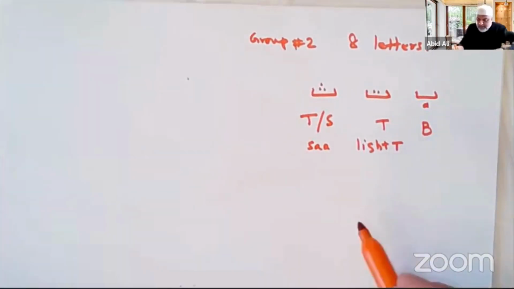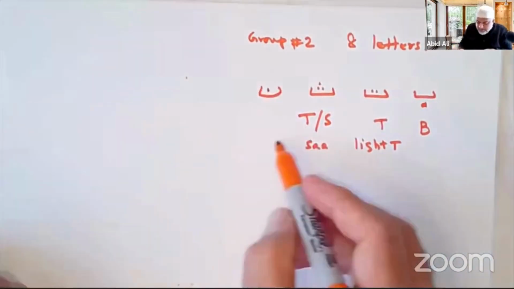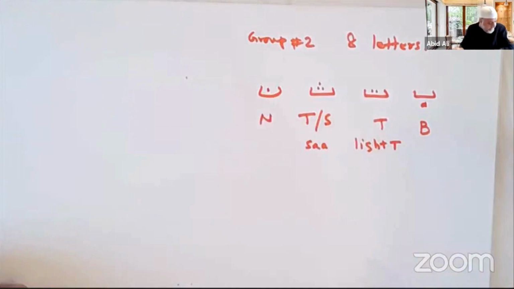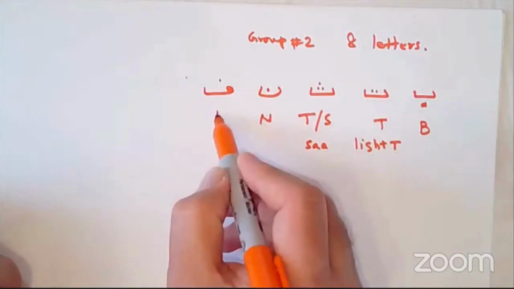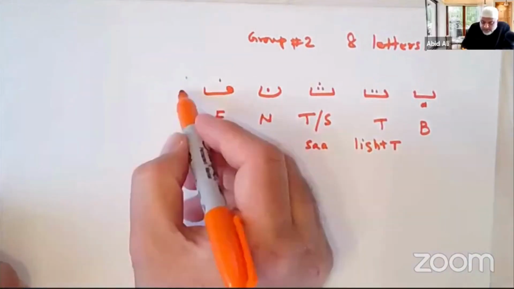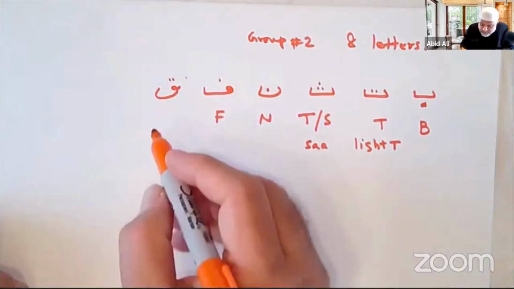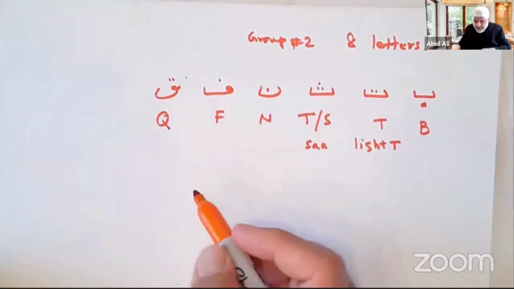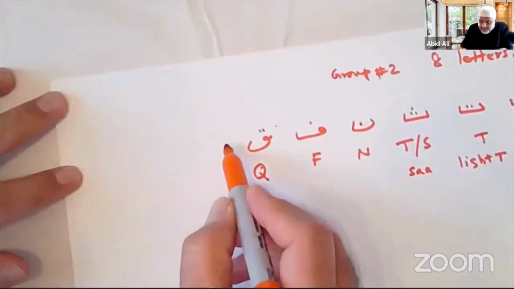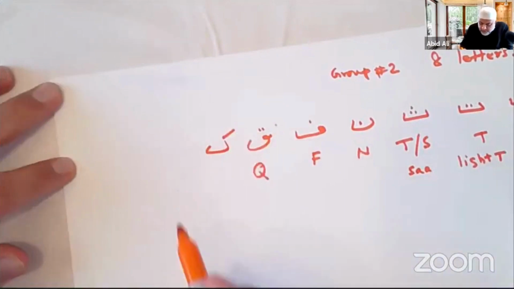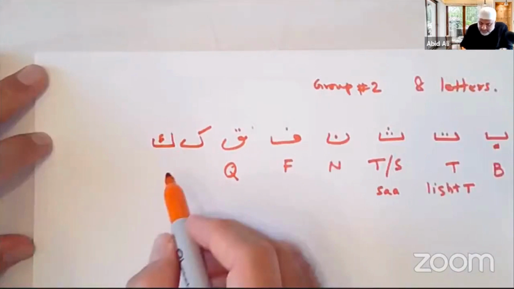Okay, then the next letter is noon, and the English letter to denote noon is N. And then fa is the F. Okay, the thick version is also known as the letter Q. And the next letter is kaf, which is like this, and it can also be written like this, right? And this is the letter K.